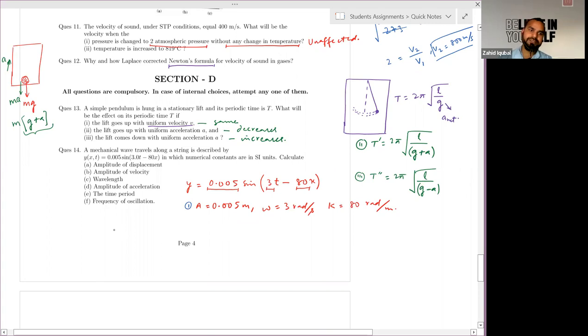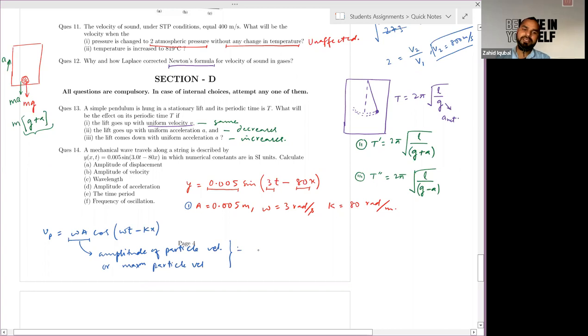If you differentiate this particular expression, you will get particle velocity equal to omega times a cos of omega t minus kx. The coefficient of that function is called the amplitude of particle velocity, or also the maximum particle velocity, which is nothing but omega times a.